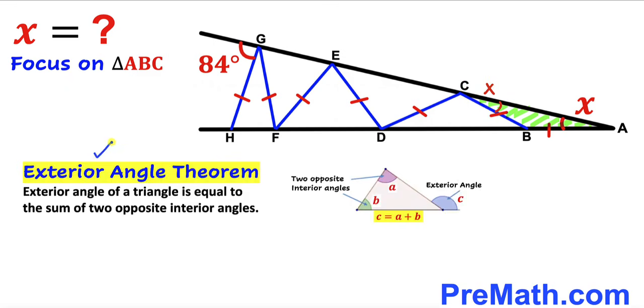Now let's recall the exterior angle theorem. According to this theorem, the exterior angle of a triangle is equal to the sum of two opposite interior angles, as you can see in this given diagram.